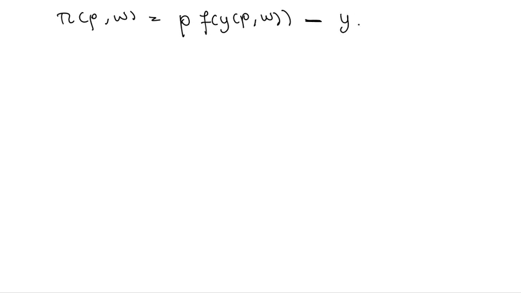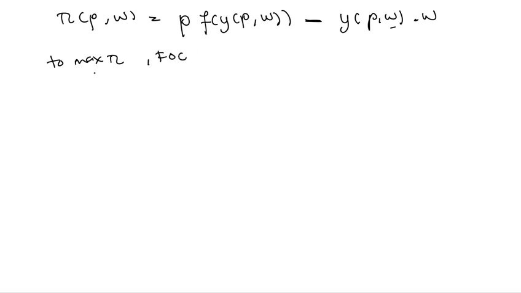Total cost is how many inputs we want to hire multiplied by the price of input. And we know that the input here depends on the price of product and also the price of input itself. So to maximize profit, we need to find what we call the first order condition.